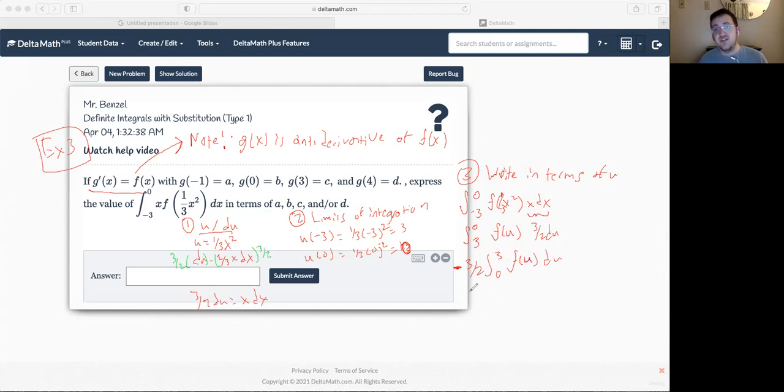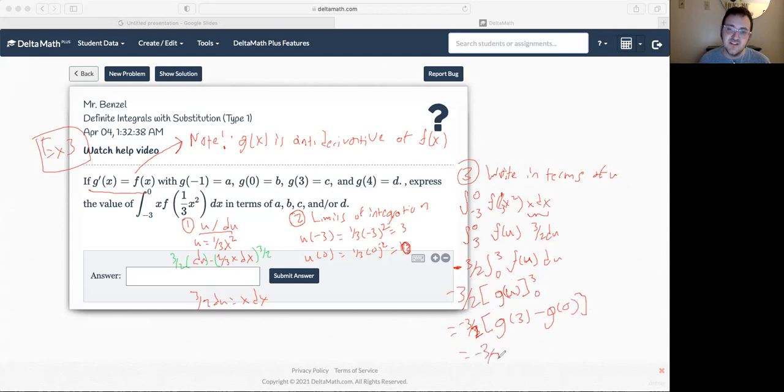So what this means is I'm going to take this negative 3/2 and multiply it by the antiderivative of f of u, which is called g of u. And our limit is from 3 to 0. So it's going to be a negative 3/2 times g of 3 minus g of 0.